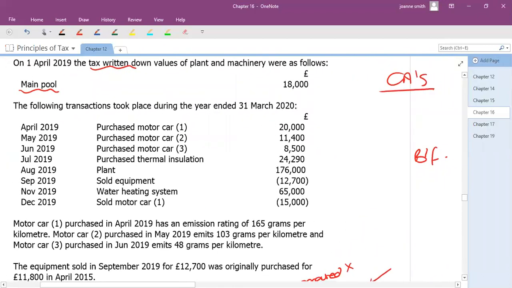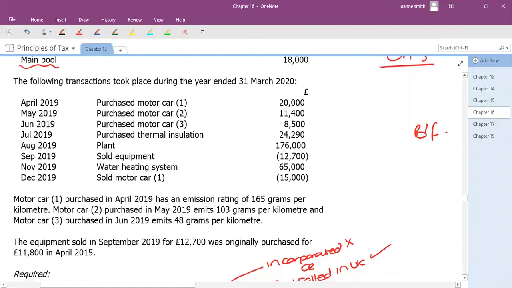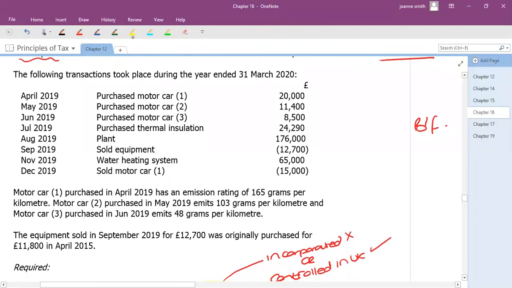Right, let's have a look at the additions then. So these are the transactions that have took place. Let's sort out where they're going to go. So car number 1, it says here, has got emissions of 165. So that's telling us it needs to go into the special rate pool, right? Because it's above that 110.